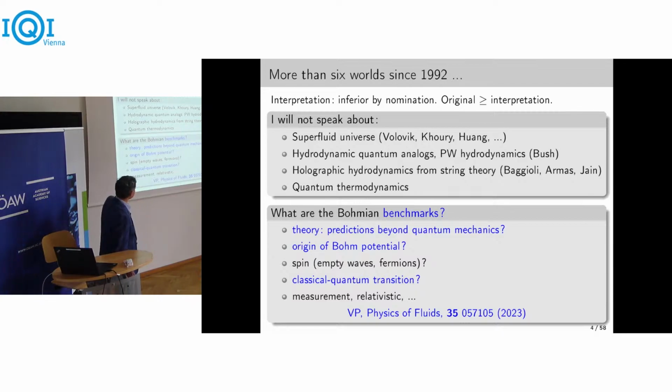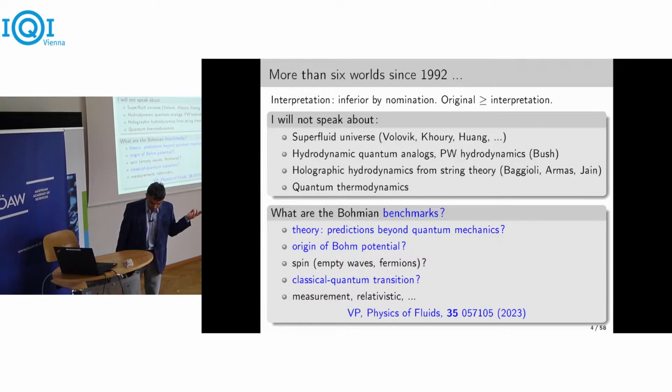So the origin of Bohm potential, for example, in a sense. And I'm very aware that the treatment of spin could be an important benchmark not only in the framework of quantum Bohmian representation, but also in fluid mechanics, especially in relativistic fluid mechanics in general.